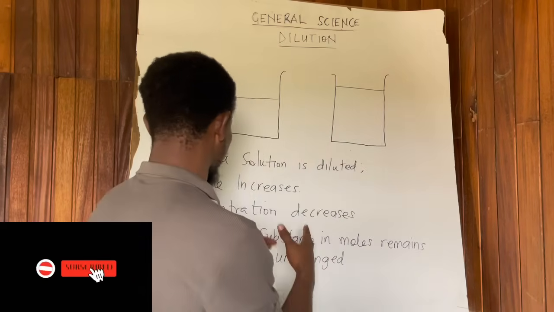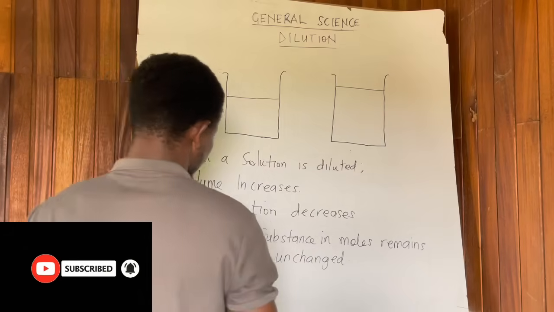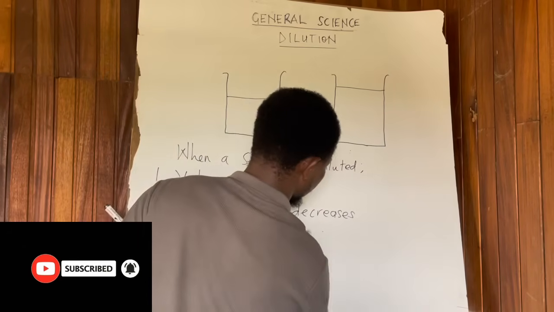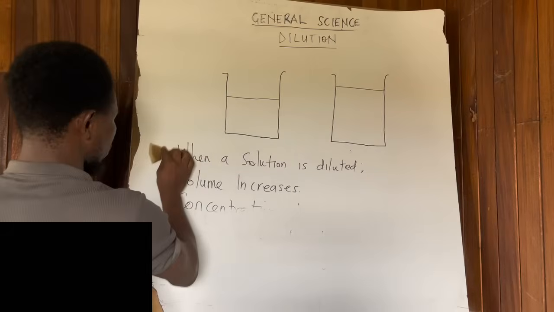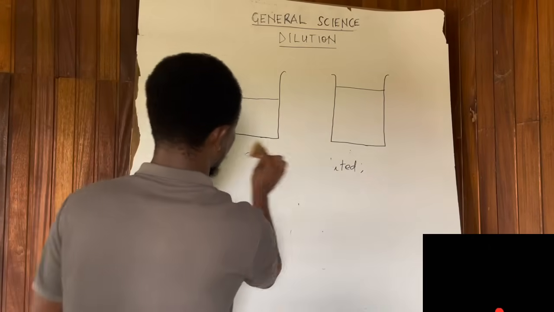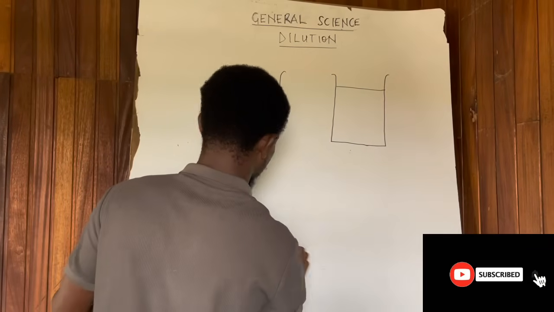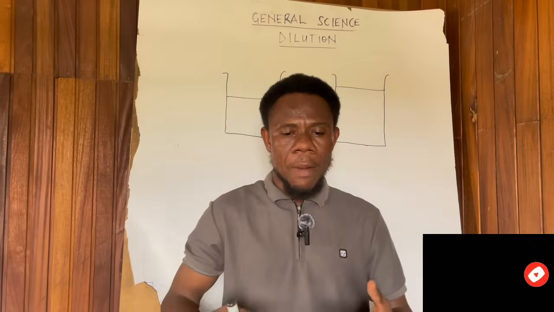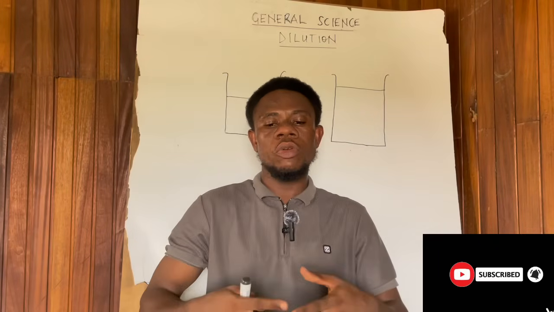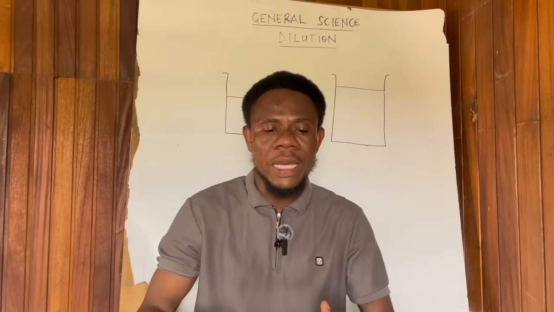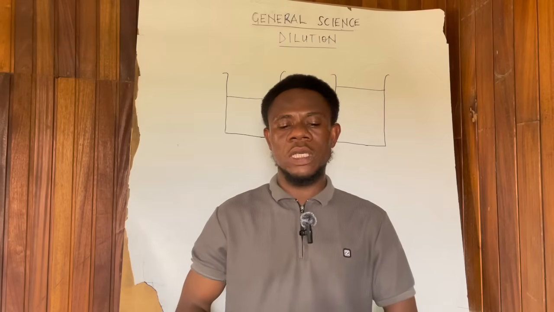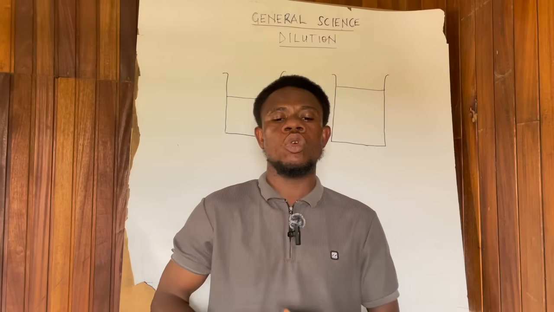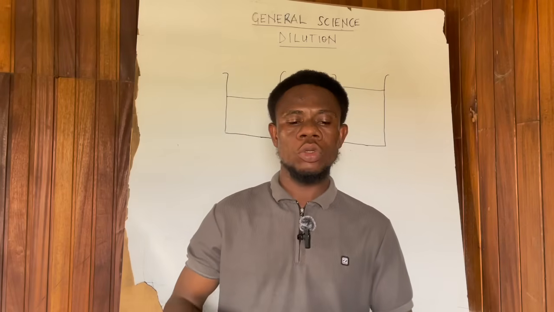Now, let me clean this one. So, since our amount of substance in moles remains the same, we can say that moles in concentrated solution is equal to moles in diluted solution.